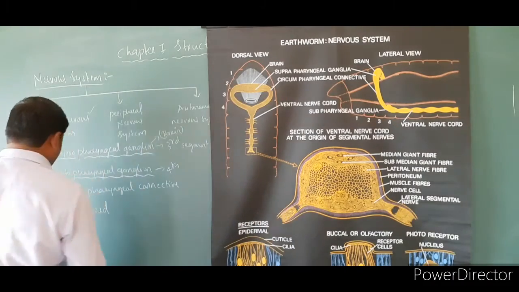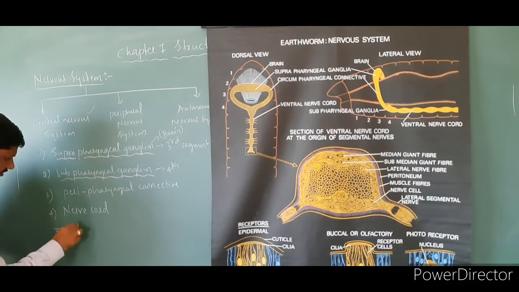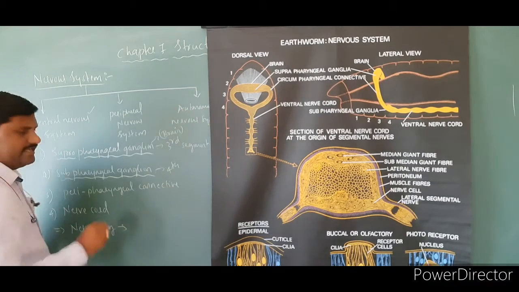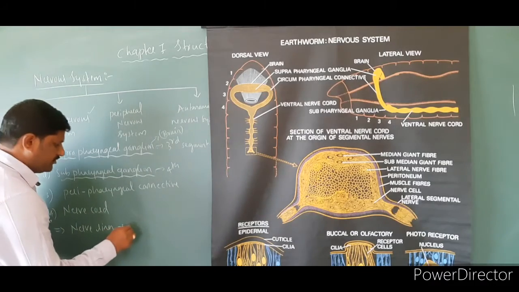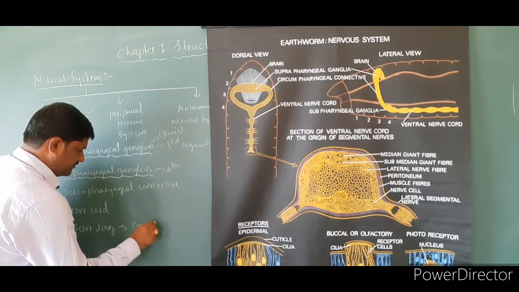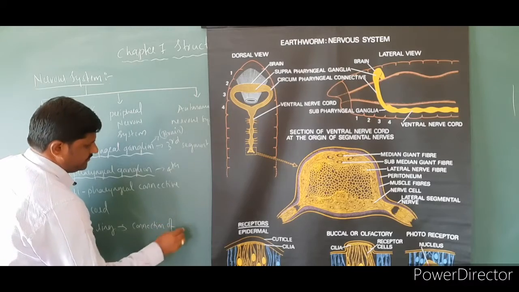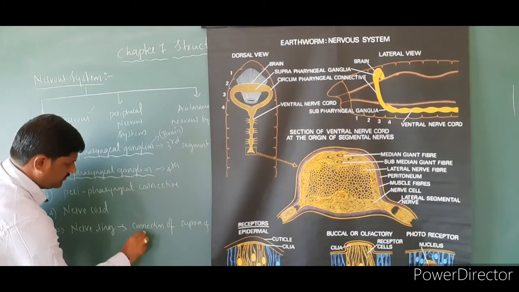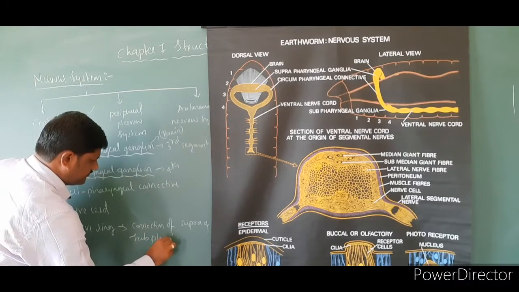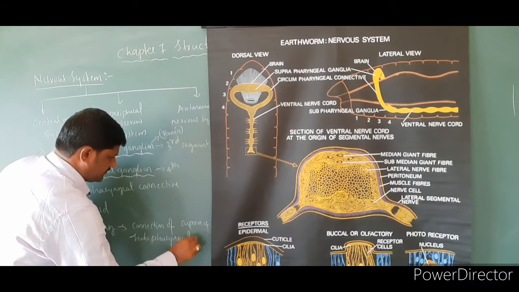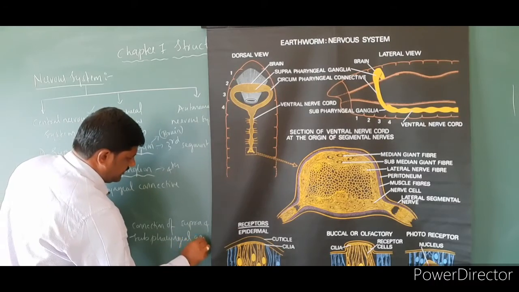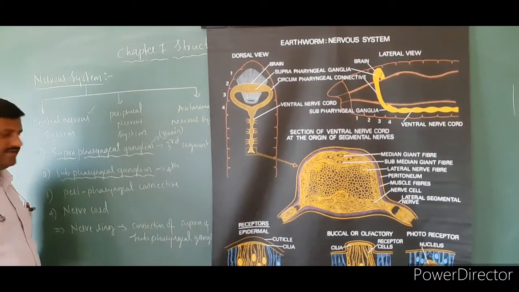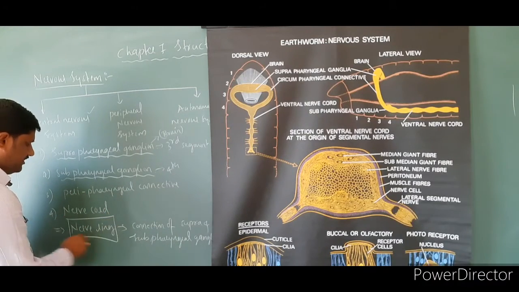What is it known as? Nerve ring. How is this nerve ring formed over here? It is due to the connection of supra as well as subpharyngeal ganglions. Ganglions are connected over here so as to form this nerve ring.